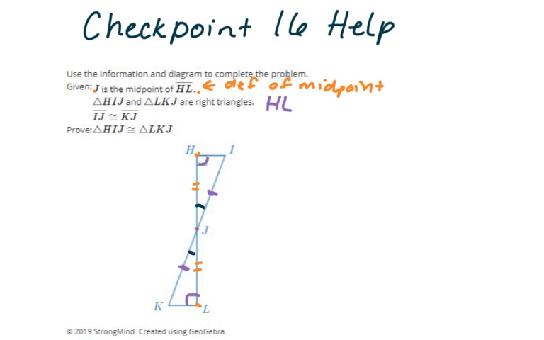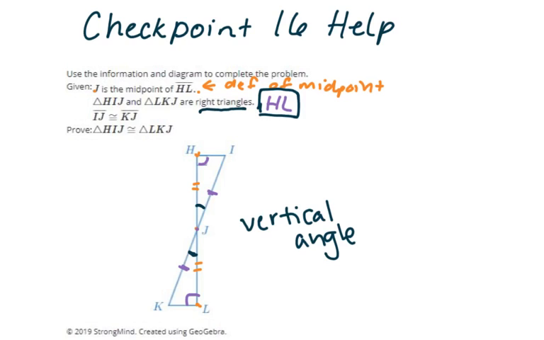We could say that those two angles are the same because of vertical angles. But here's the frustrating thing. The shortcut way, I was doing the HL, and the reason we can do HL is because of the right triangles. That's the whole thing with these, is right triangles.